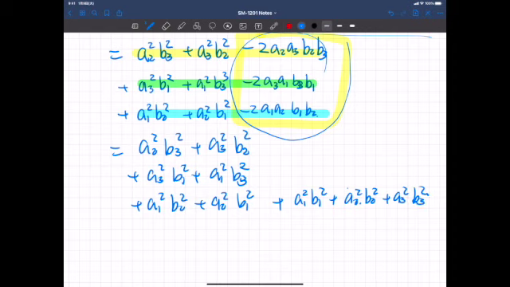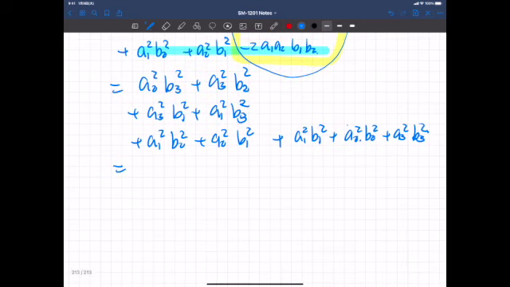Now let's factorize this. How do we do this? We have a1 squared here and a1 squared here, and a1 squared somewhere else. If we factorize a1 squared out, we have b1 squared, b2 squared and b3 squared.